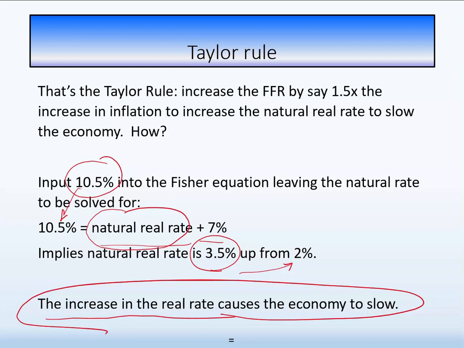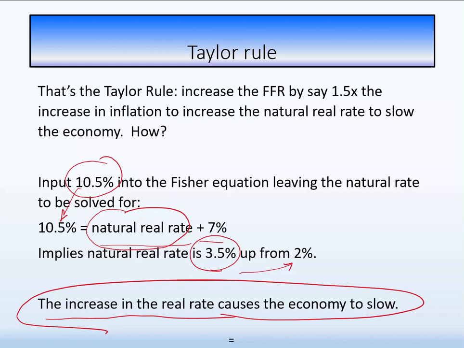And when they did that, the real rate never changed. The natural real rate stayed the same. And when the natural real rate stayed the same, the economy didn't budge because of it. What they needed to do was raise the Fed funds rate higher than the increase of inflation, like the 1.5 times that I'm talking about here, in order to slow the economy down and reduce inflation.